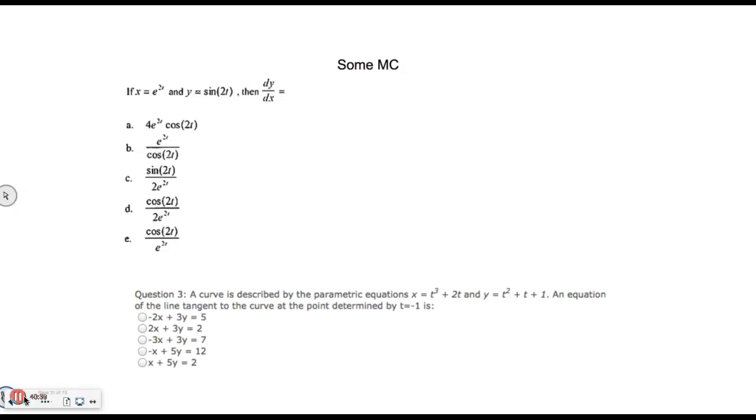The second one, how are you going to get your point? Plug the t in, yep. Get your derivative, dy/dt over dx/dt. And then it looks like the answers are in standard form, so you might have to move stuff around.